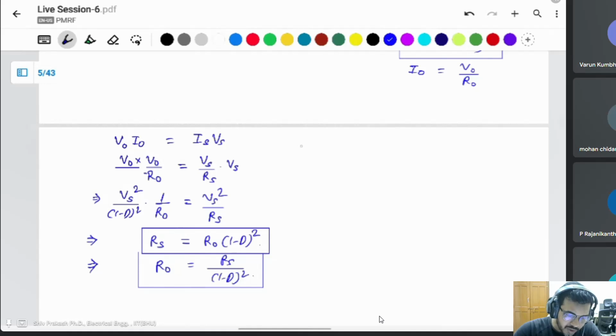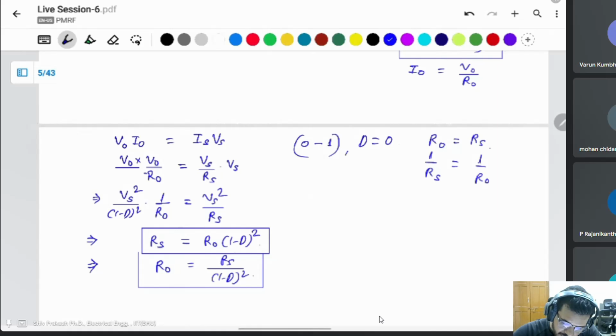The duty cycle you can change between 0 to 1 only. It can't exceed 1 and can't go below 0. Then what happens if you take D equal to 0? In this condition, R naught is equal to Rs. Then 1 by Rs is equal to 1 by R naught. When D is equal to 1, then what happens?